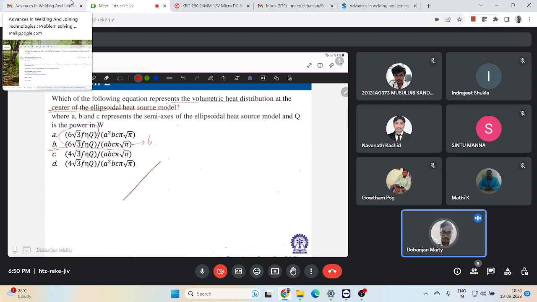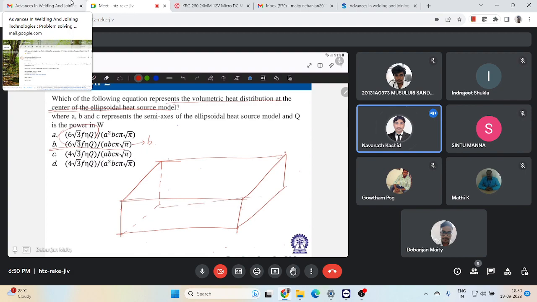Now let's say you have this kind of structure. So this is my weld metal over which I am providing this heat flux like this.